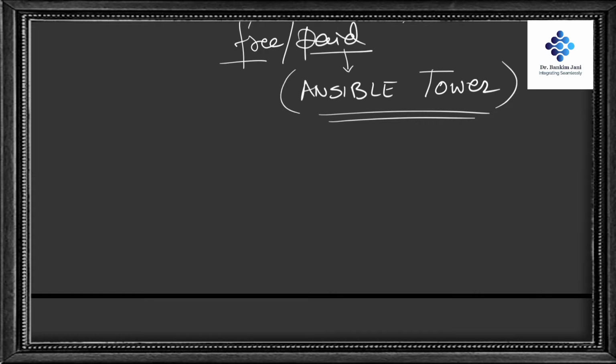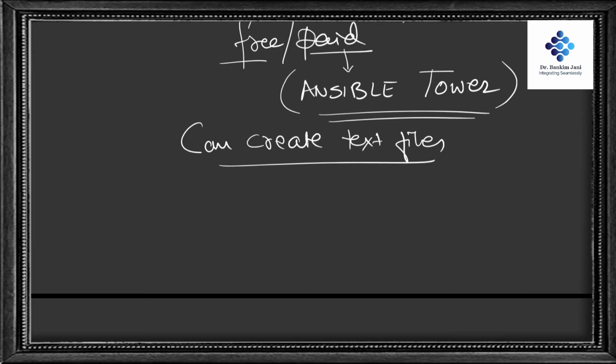Now, if we talk about what it can do, it can create text files, but there are some names given to all these groups. One thing is called the playbooks.